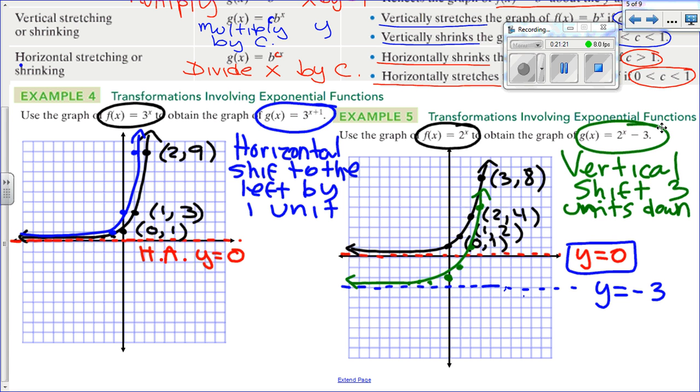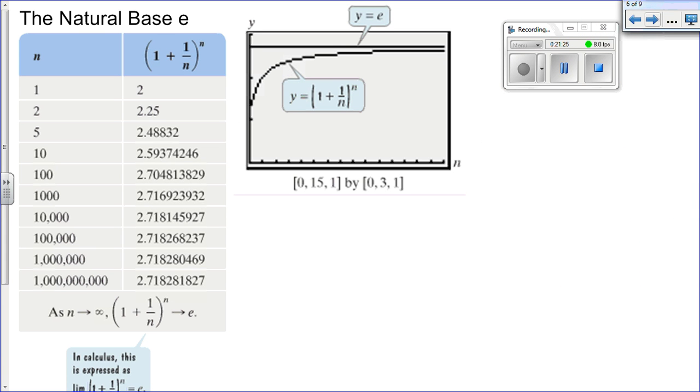Okay, so that is the graph of the transformation. Let's go to the next slide. All right. What we have here is the number e, which is the second most famous irrational number.